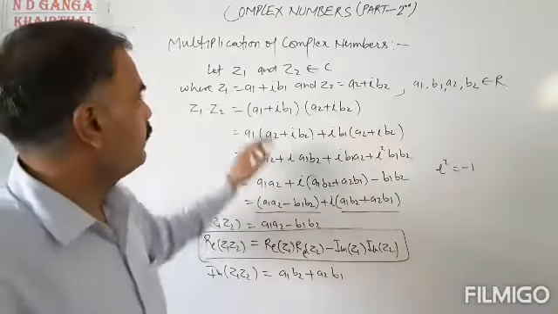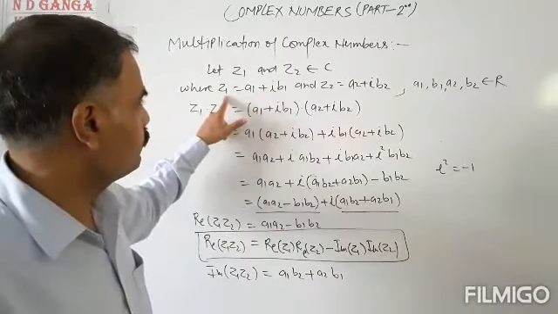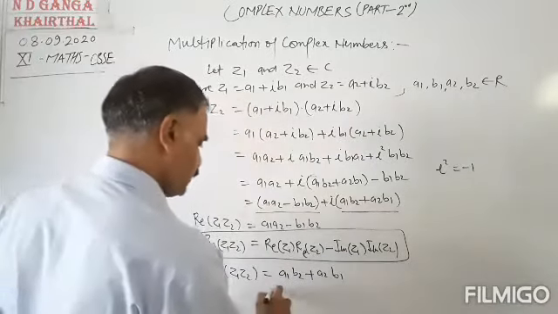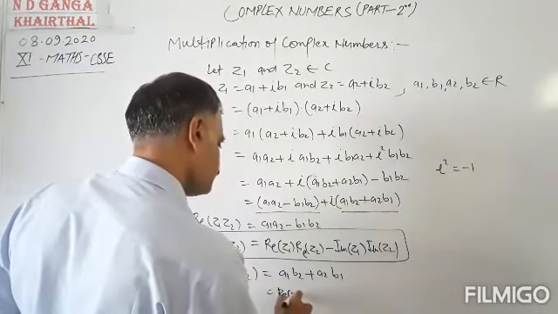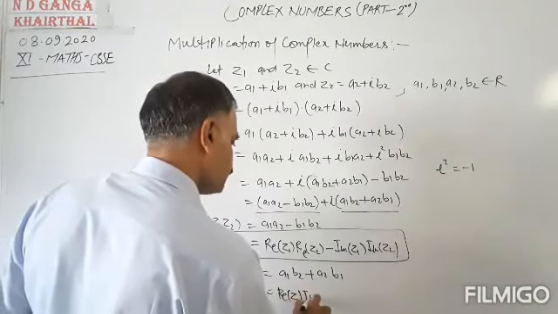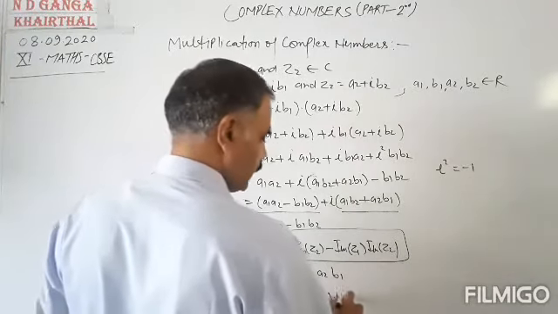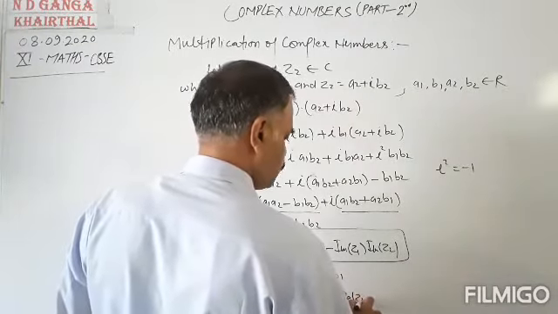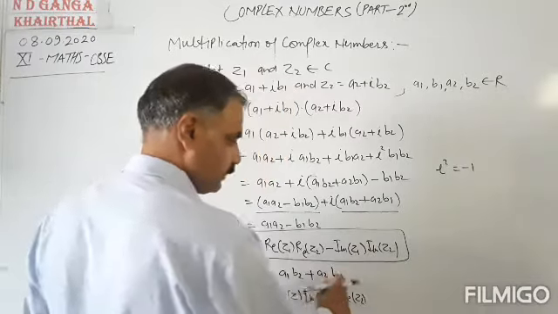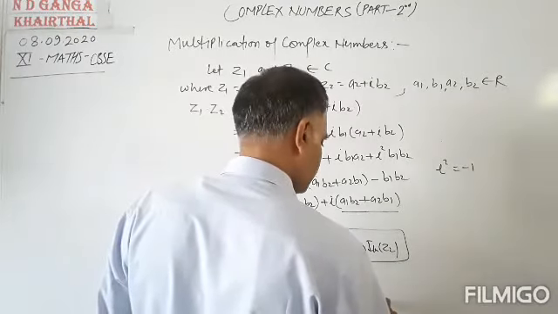Now A1 is the real part of Z1, B2 is the imaginary part of Z2, plus A2 is the real part of Z2, times B1, the imaginary part of Z1.